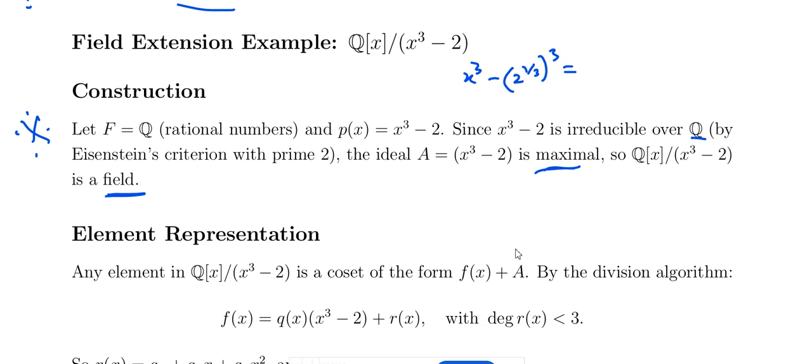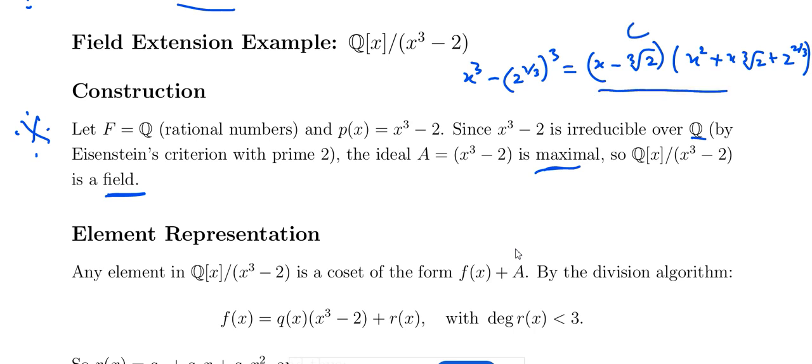So this equals x minus cube root of 2, into x square plus x into cube root of 2 plus cube root of 2 whole square, that means 2 power 2 by 3. Okay, correct.